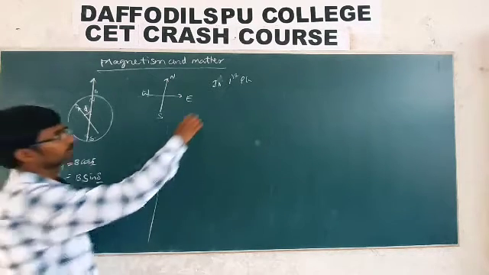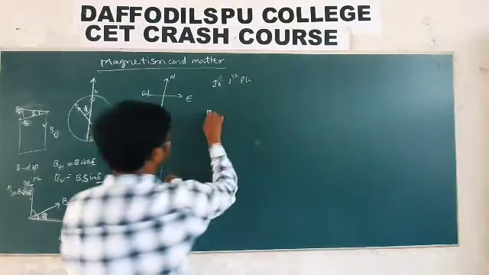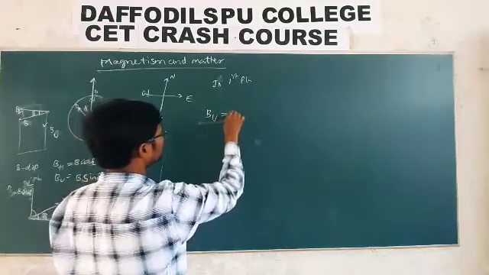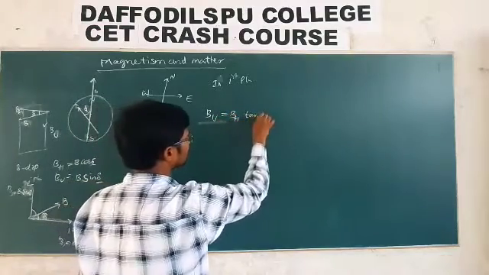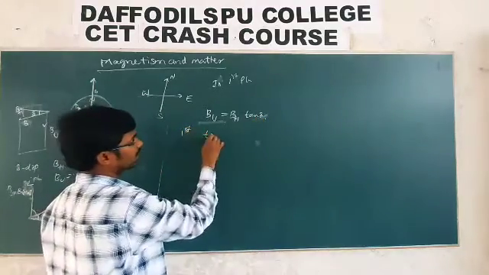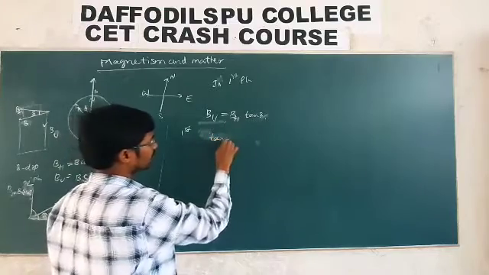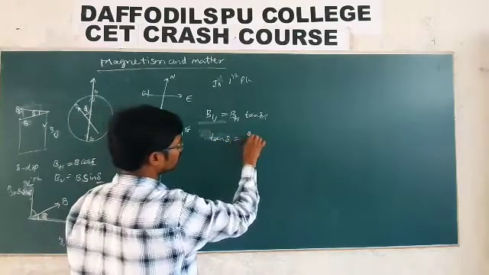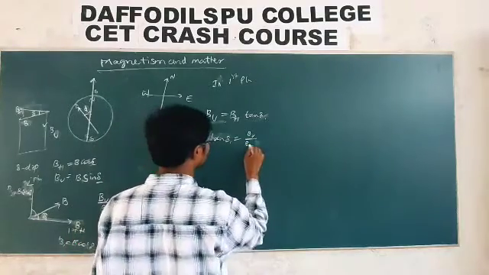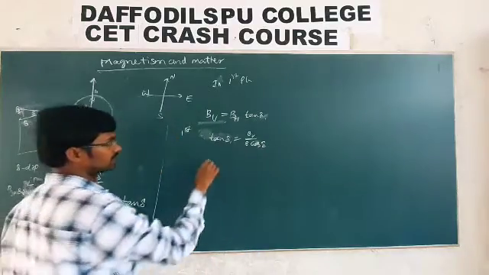Now let me write here. BV is equal to BH tan delta. In the first plane, tan delta 1 is equal to BV by BH, where BH is B1, which is B cos delta.